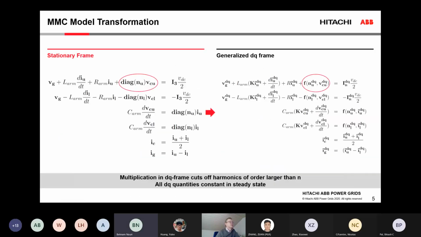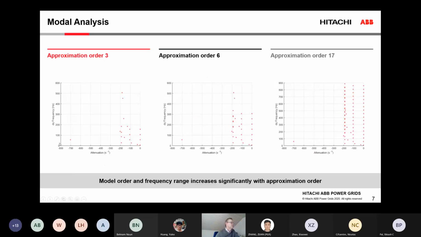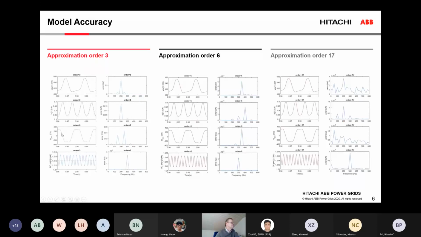And you see the effect of that approximation, and also some other approximations we have inside this plot, that even with a very low order, you have a very good match in the AC quantities. But for the DC quantities, you need a little bit higher approximation order. Great. We will have those slides.